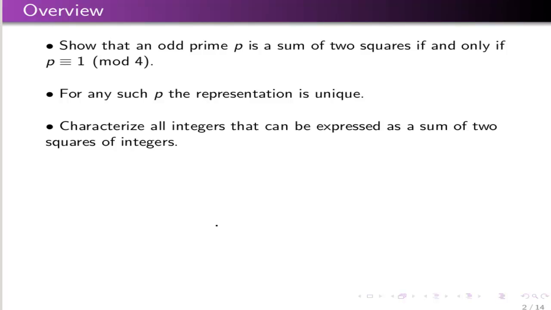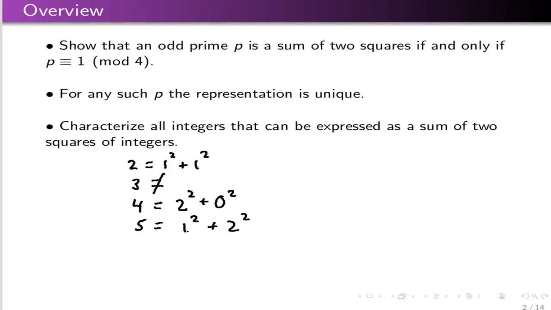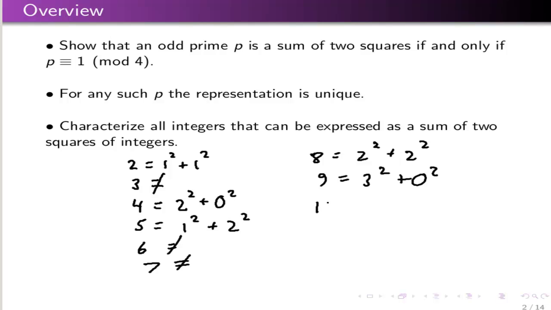And this is kind of a fun project. You can play with examples and just test. 2 is a sum of two squares. 3 is not. 4 you can write as 2 squared plus 0 squared, and so that's a legitimate representation. 5 is 1 squared plus 2 squared, and so on. 6 fails. 7, 2 squared plus 3 fails. 8, 2 squared plus 2 squared. 9 is 3 squared plus 0 squared. 10 is 3 squared plus 1 squared, and so on.